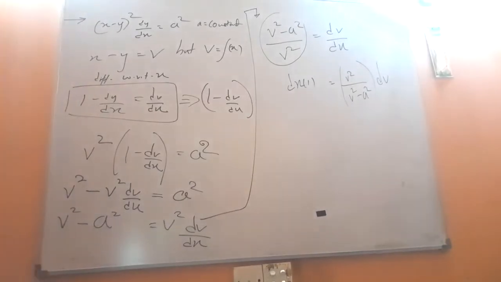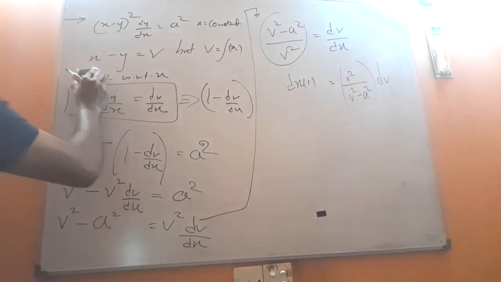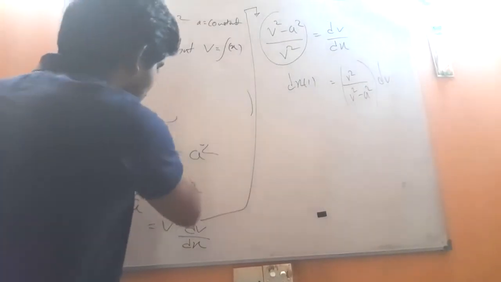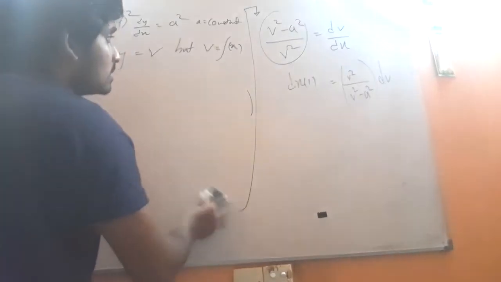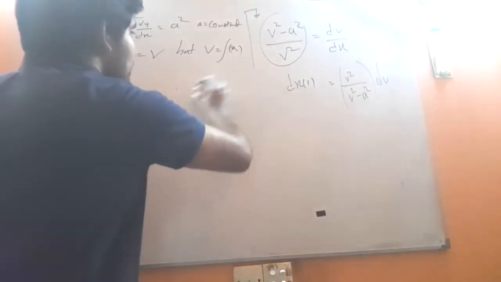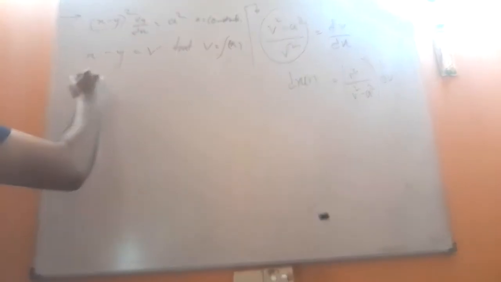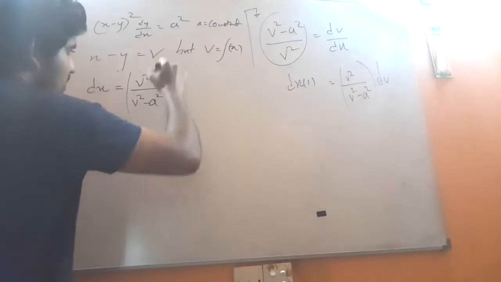So now in order to save space, I will erase this part. If you want to see that again, you can go back to the video and see. So now I will bring this result here. Dx equals v squared divided by v squared minus a squared times dv.